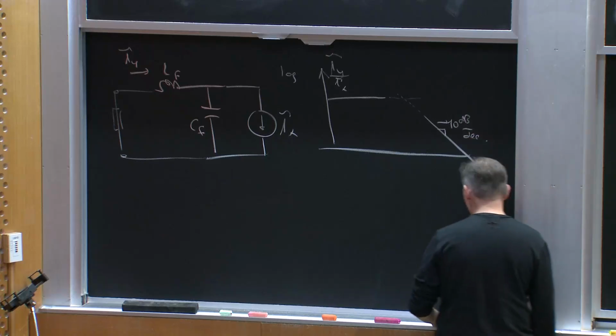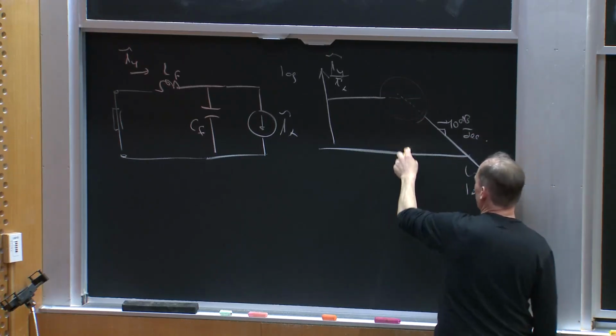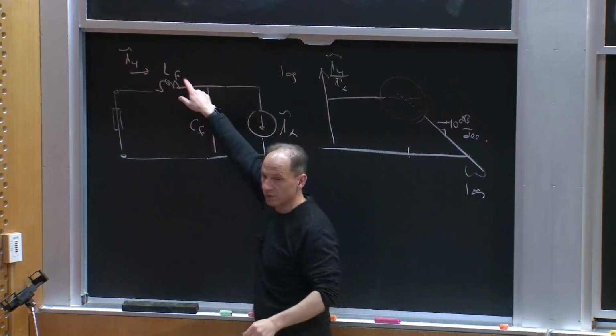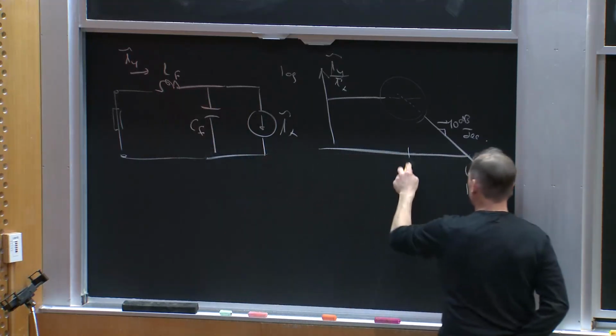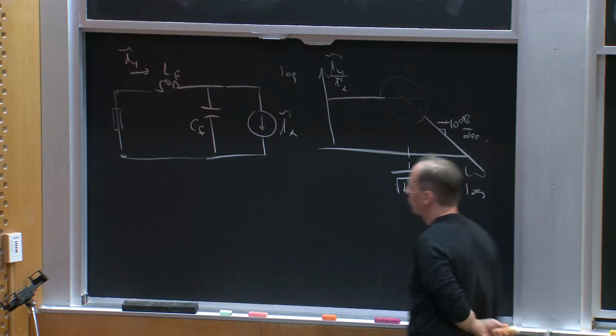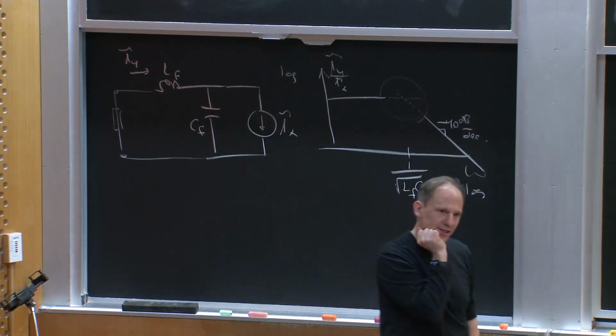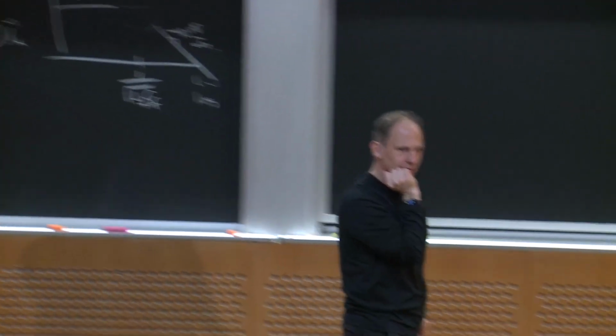Okay? The question is, what happens here at cutoff? Where is cutoff? 1 over the square root of LFCF. And what do I look back into at exactly the cutoff frequency?